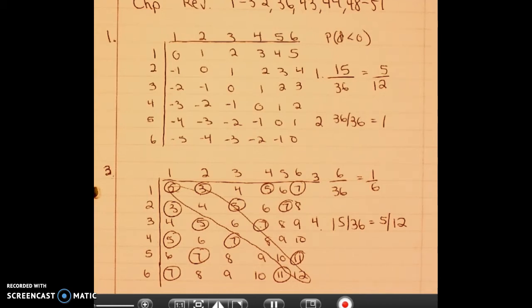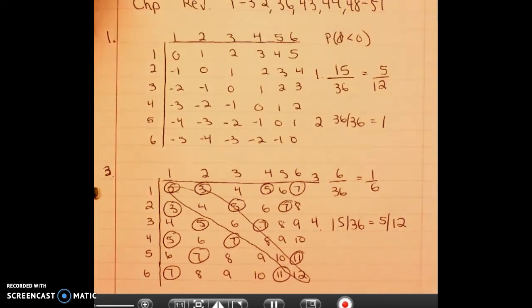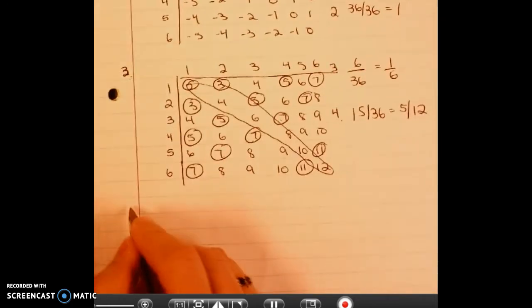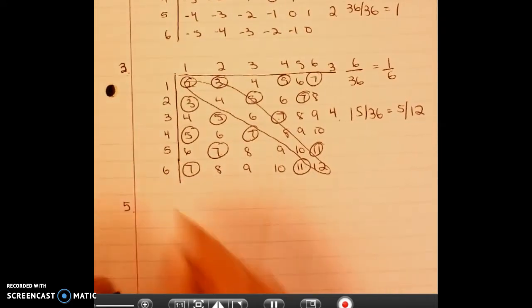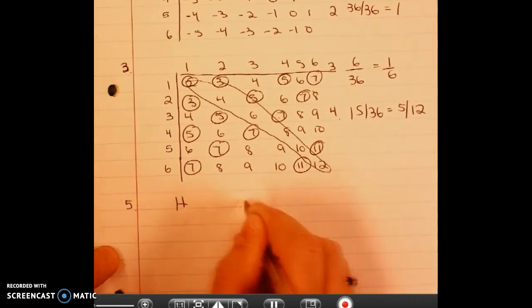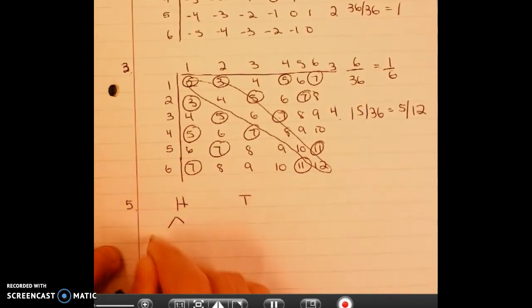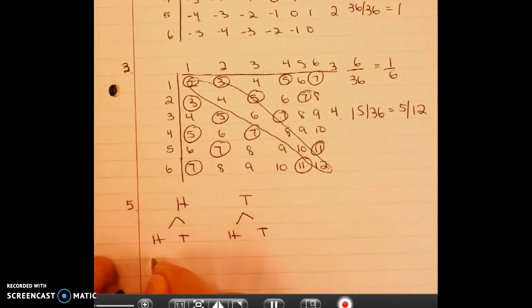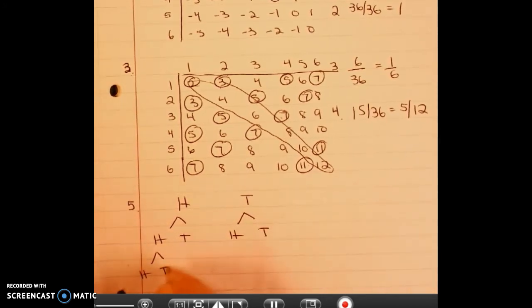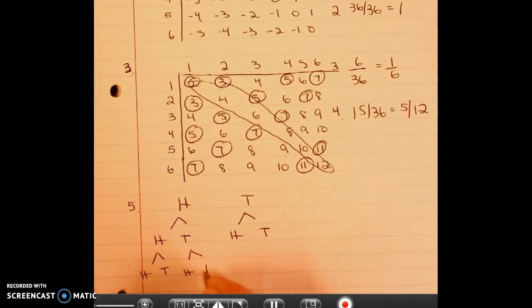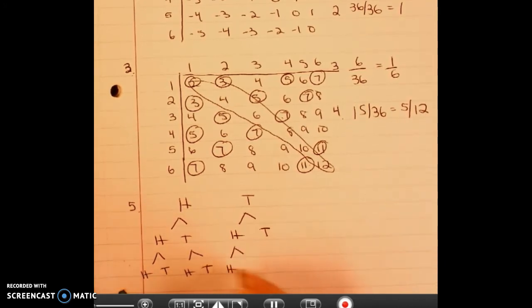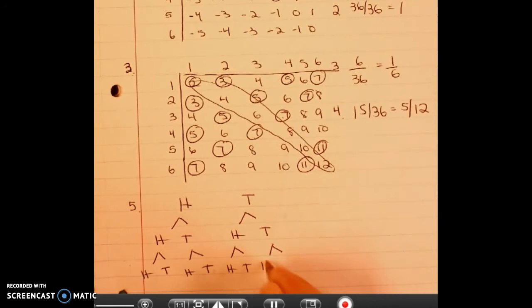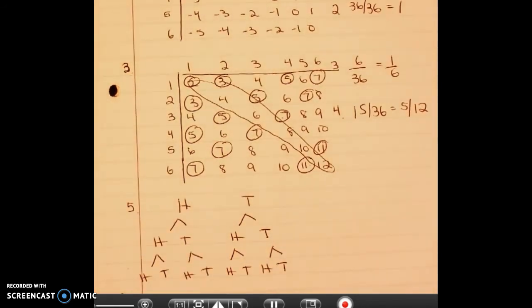Alright, moving on to question number 5. It says 3 fair coins are tossed. So on my first toss, I have heads or tails. Heads or tails on my second toss, and on my third toss as well. Now again, you don't have to do the tree diagram, but it certainly helps you organize all the outcomes a little bit better.